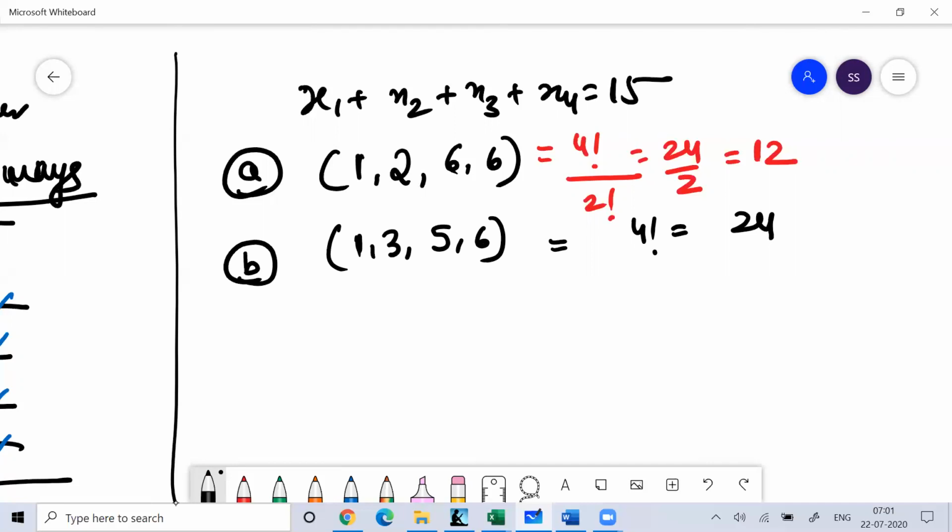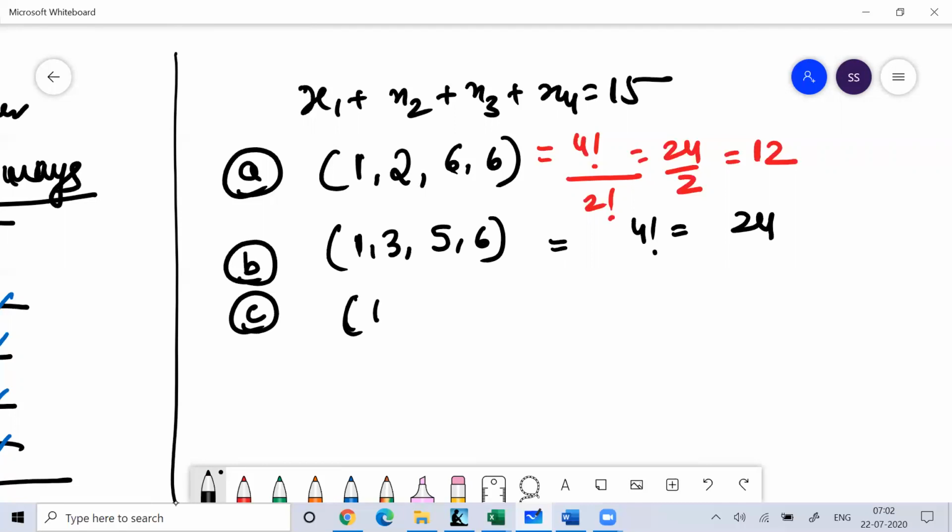So 1 comma 3 comma 5 comma 6. There's no other way I can think of for 11.